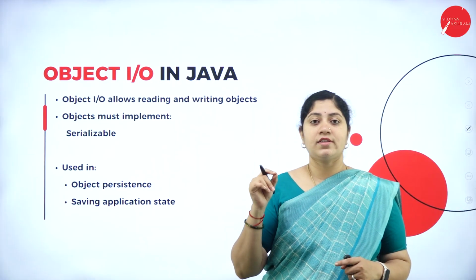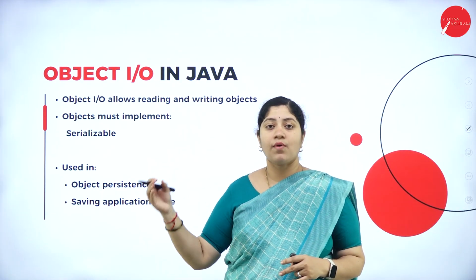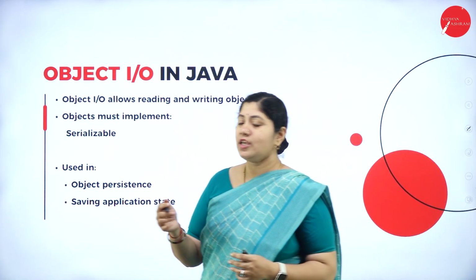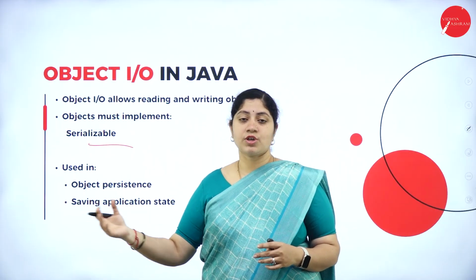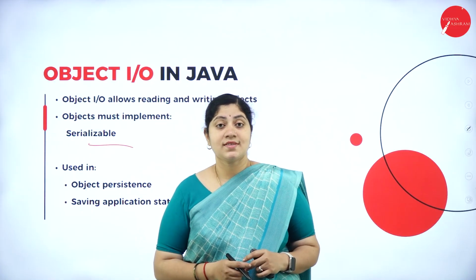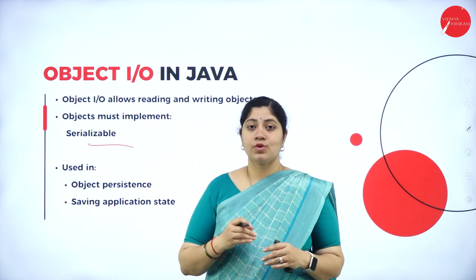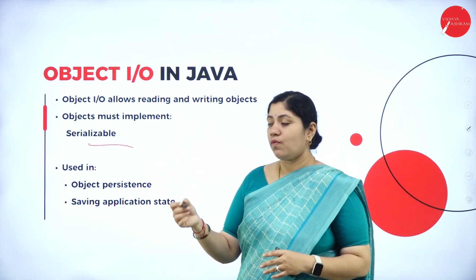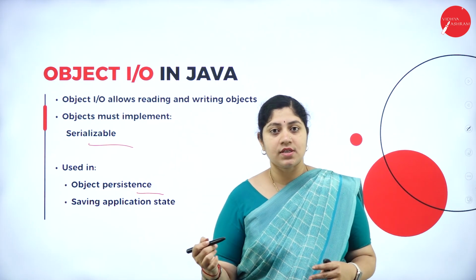Thus we can say that Java IO allows the reading and writing of objects. And how are these objects implemented? It is completely implemented through serialization. It will not be transferred completely; the data will be transferred serially. Thus, let's understand where exactly this binary IO is utilized. It is used in order to save the application state, followed by maintaining object persistence.